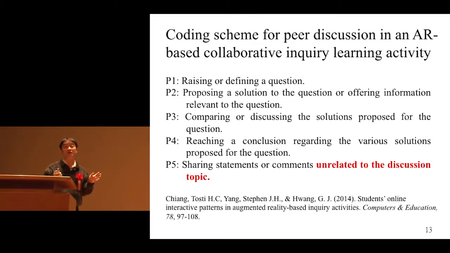We also use the same 5 coding items as Ho, Zhang, and Song. P1 is raise a question. P2 propose a solution. P3 compare or discuss the solution proposed by peers. P4 reach a conclusion or agreement. P5 chatting, talking about something irrelevant, unrelated to the discussion topics.